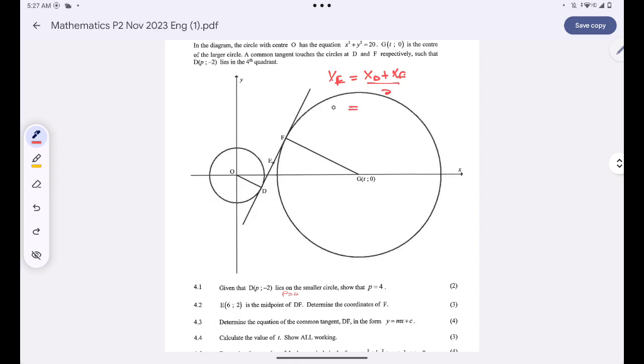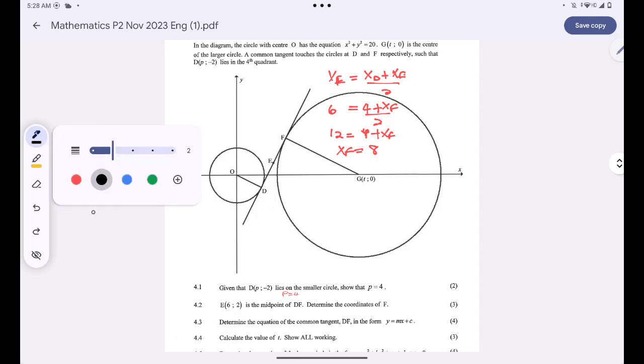The x value at E is 6. The x value at D, we just found, is 4. We don't know the x value at F. This would give me 12 equals 4 plus xF. Then the x value at F is simply equal to 8.